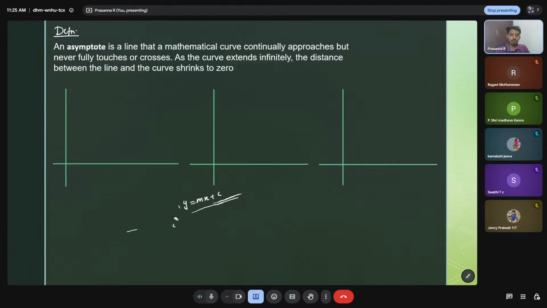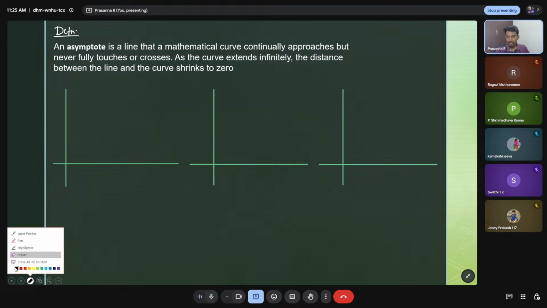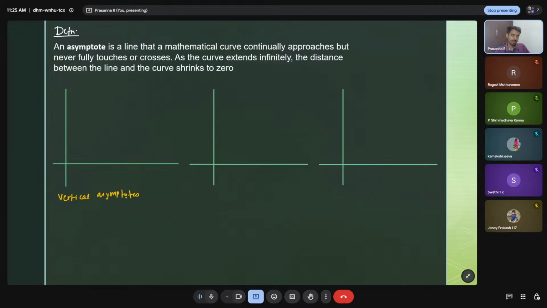Okay. Now the asymptotes are classified into 3 types. One is the vertical asymptote. If the line is vertical, it means that it is a vertical asymptote. In the very first example, I drew one line and said that this line is an asymptote to the curve. This line is not a vertical line.